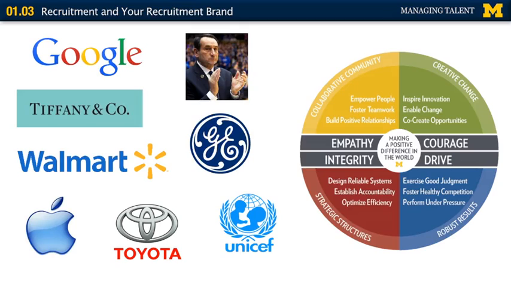And then Coach K at Duke. He is a leadership brand. He is a person who attracts great players to his basketball team. And he cares about them as if he were their father. Apple has an innovation brand. Walmart has a price brand. And Tiffany's, a prestige brand.